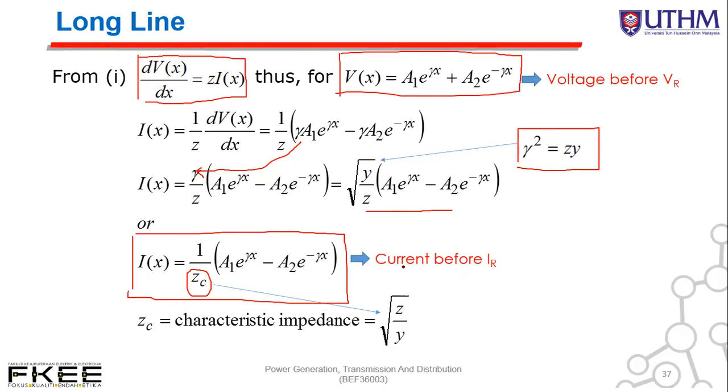This is the current before the receiving current, and Zc is nothing but the characteristic impedance. Now we have the value of Vx and also the value of Ix.